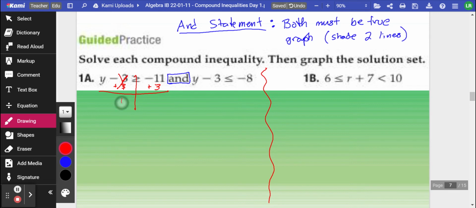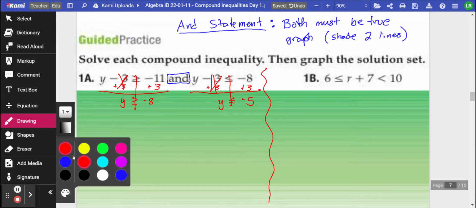That's 0. Now I get y is greater than or equal to negative 8. Okay, that one's done. I got this one. Got a minus 3. I'm going to add 3 to both sides again. Now I get y is less than or equal to negative 5.